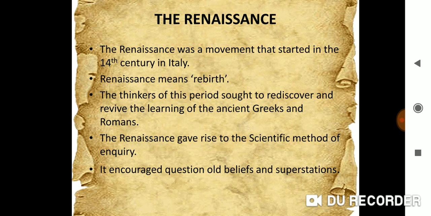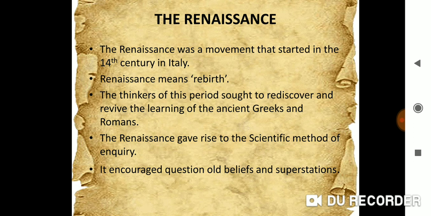The Renaissance gave rise to the scientific method of inquiry. Due to this, people started to think according to the scientific method, or to think logically. Before that, there was church domination. People had no right to think scientifically. People had no right to question the church.